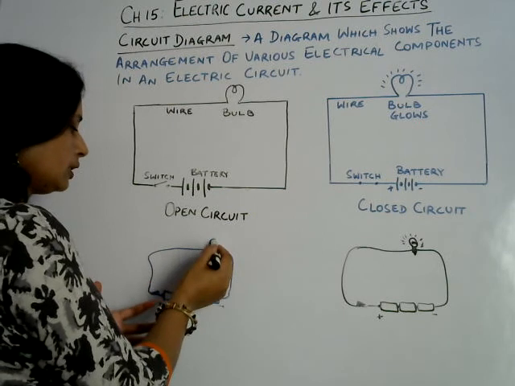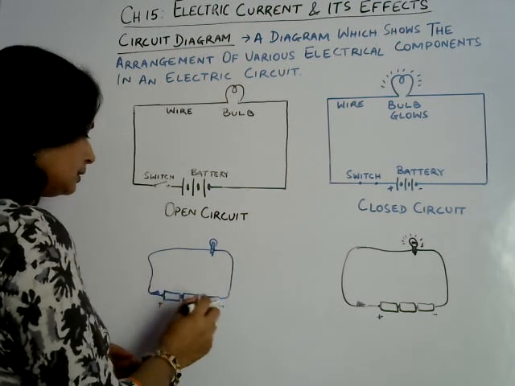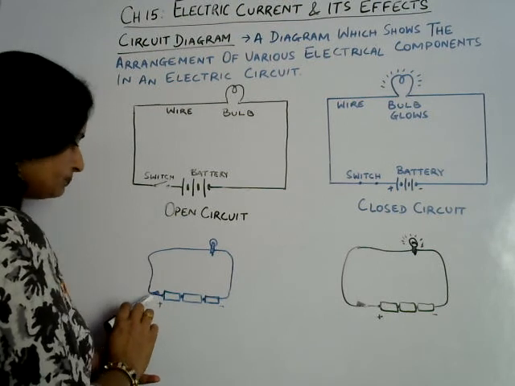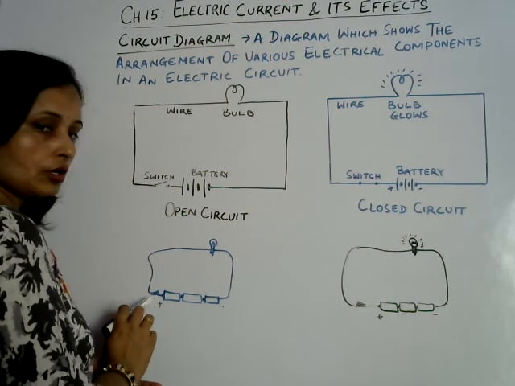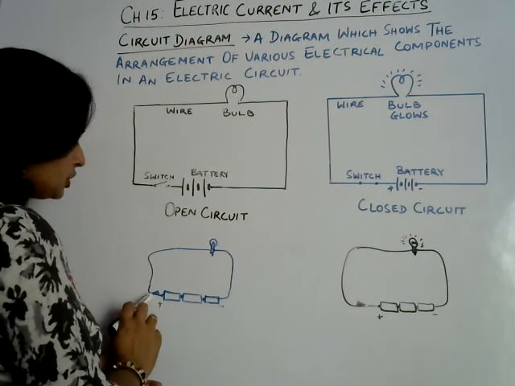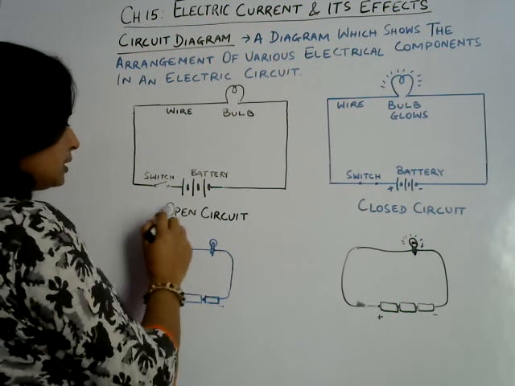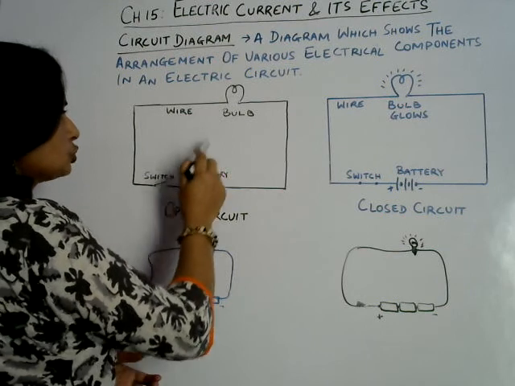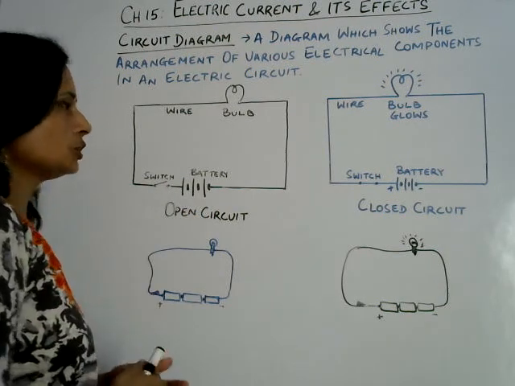What we have to take: a bulb, conducting wire, then cells, the arrangement of cells, that is a battery, and a switch. This is called the switch off position, and when the switch is off, the circuit becomes open, due to which we can't glow the bulb.